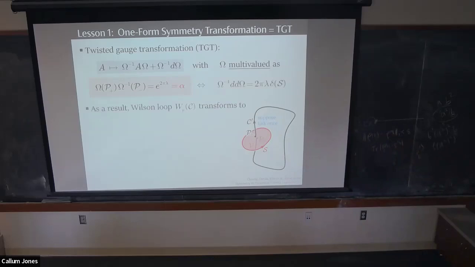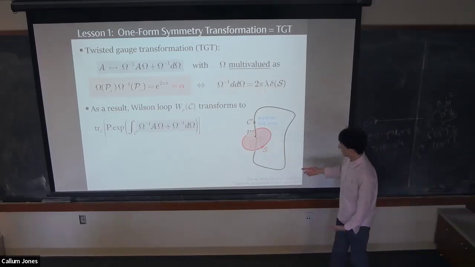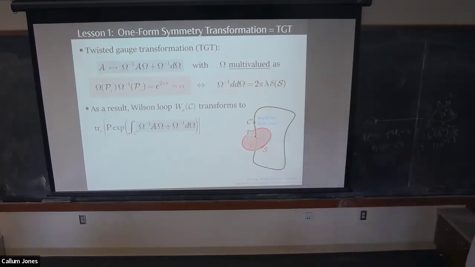Then we can derive that the Wilson loop, which links with the surface S once, or in other words intersects with the branch cut once, transforms in this way.